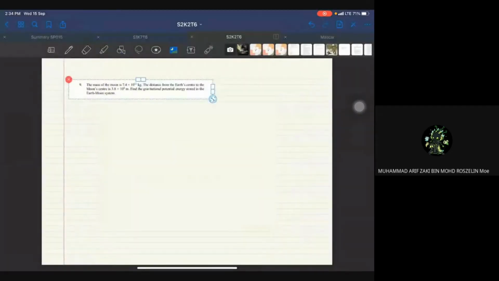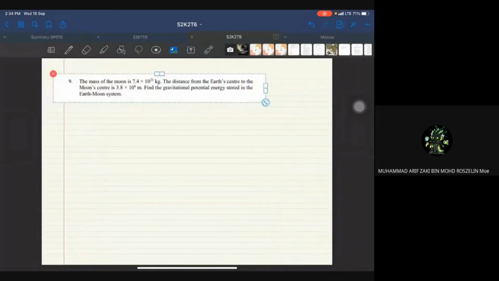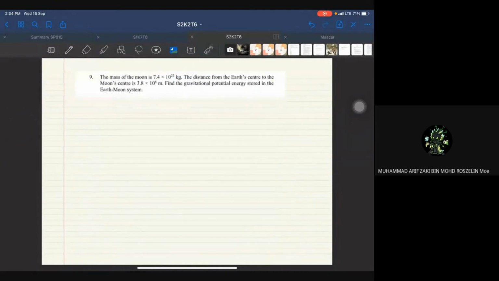Okay, so the mass of the moon is this much. The distance from the earth to the center of the moon is that much. Okay, find the gravitational potential energy stored in the earth-moon system. So ini ada dua objek je, and dia suruh straight away calculate dia punya U. Okay, cuba kira dulu.